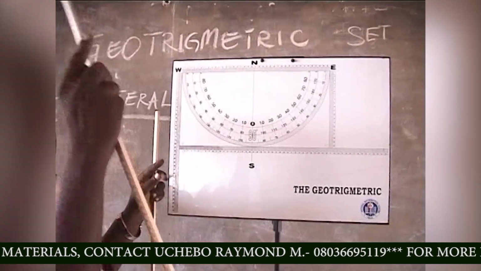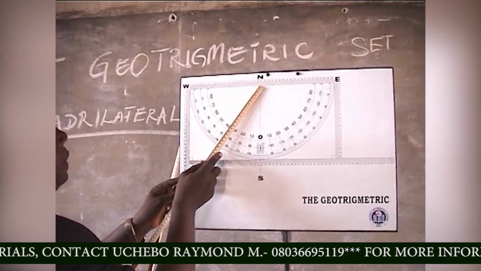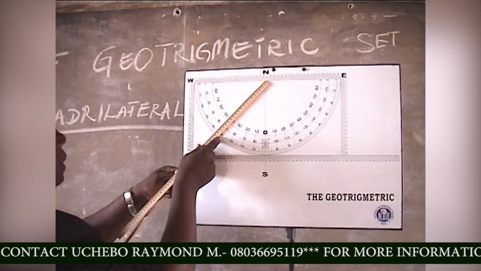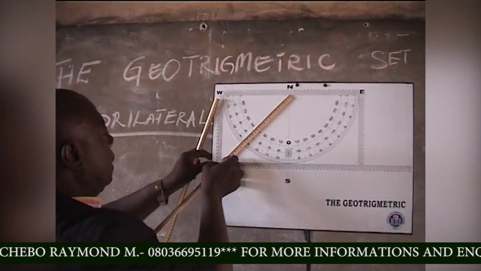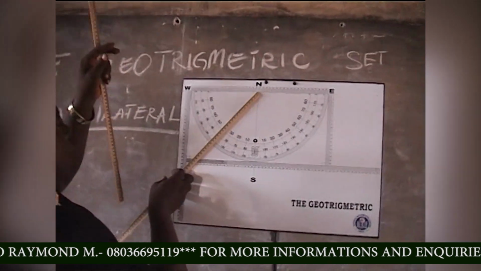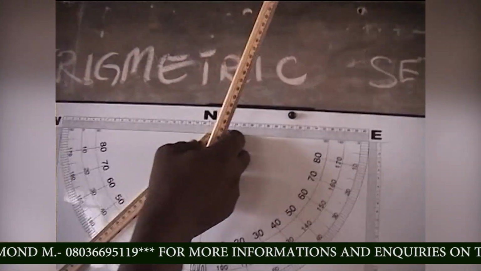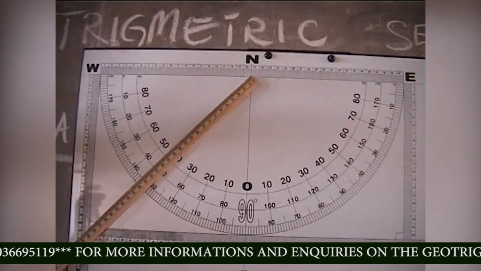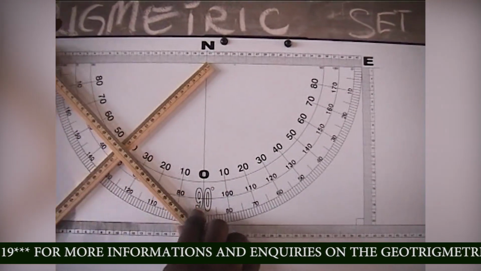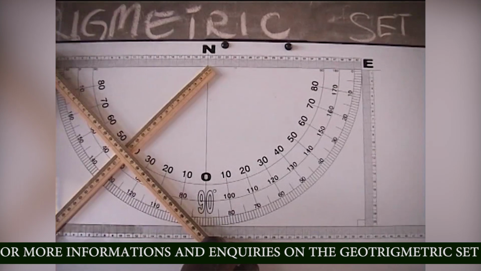But it may be difficult to demonstrate here because of the thickness of the ruler. Look at it, this ruler 6, put it here. This ruler 7, because of the thickness, it cannot be flat.